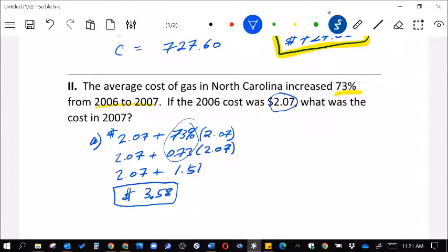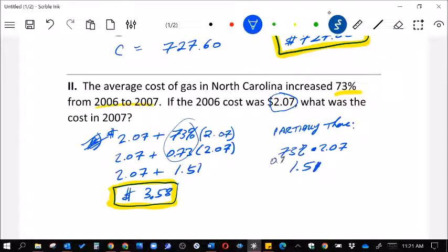Now let's talk for a moment about that. I will put yellow around it. That's what the cost is. Many times, some people are partially there. They figure out what the percent is. They do the 73% times 2.07, and they get 1.51 by doing 0.73 times 2.07, but then they stop there.